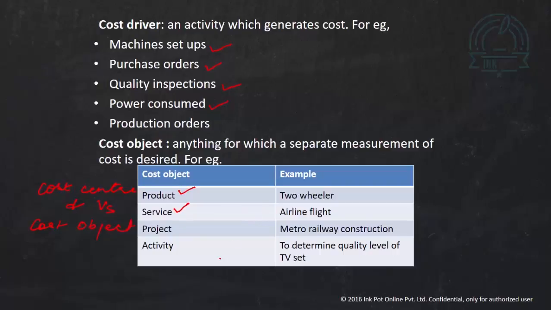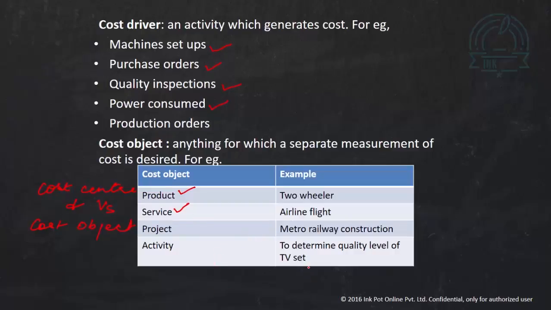For example, we are making a desk. It is a product. So we will say the cost object here is a desk or a product. We need to look at different costs involved in making that particular desk. So what is the total cost involved in making the desk?